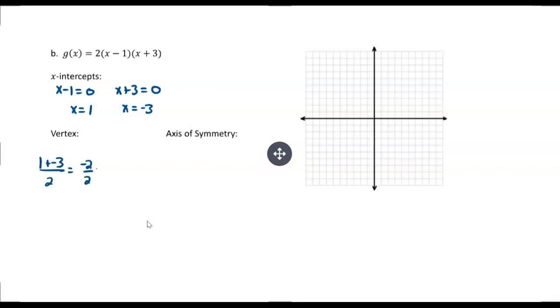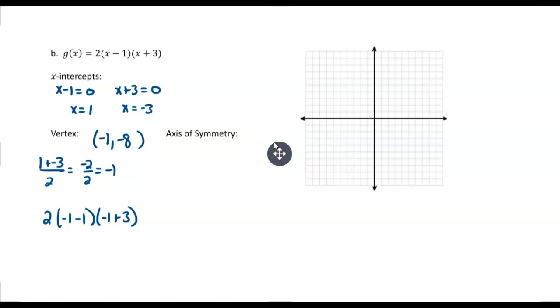So you get negative 2 divided by 2 is negative 1. Then you go back into the equation and plug in negative 1. You type that into your calculator or do it by hand. And I got negative 8.